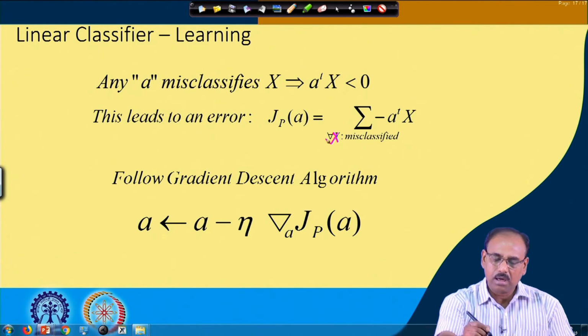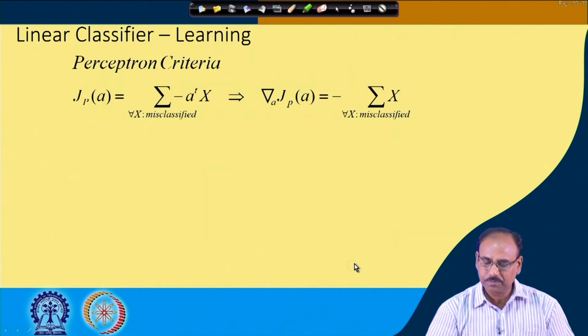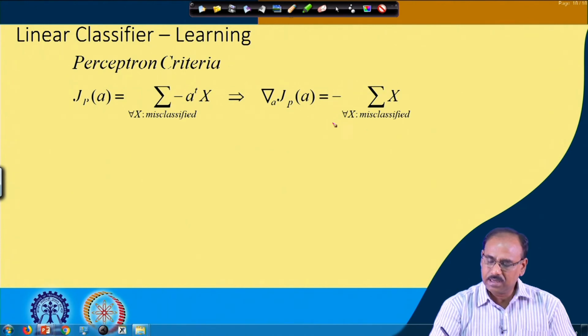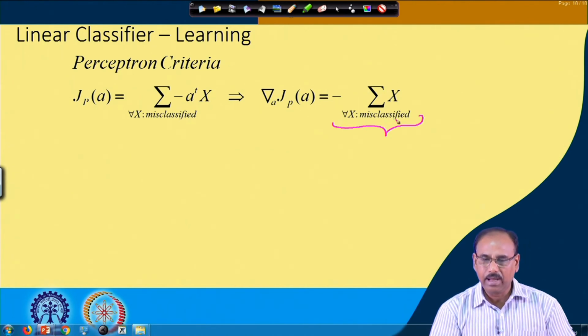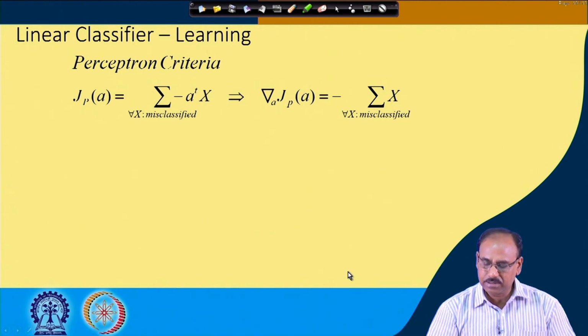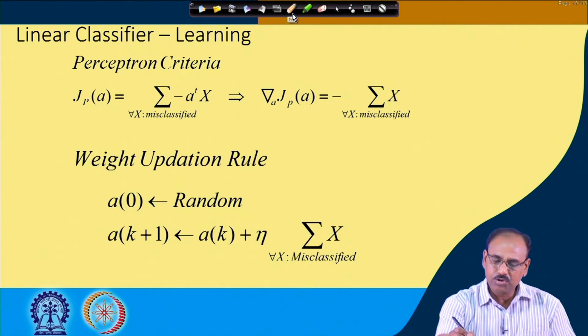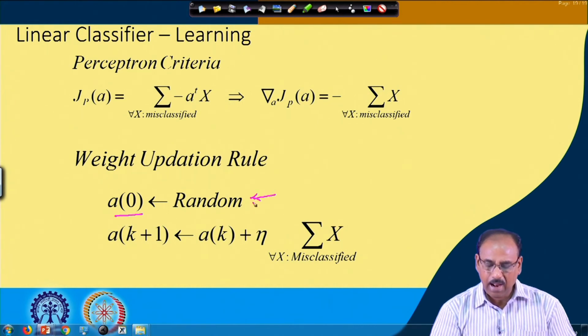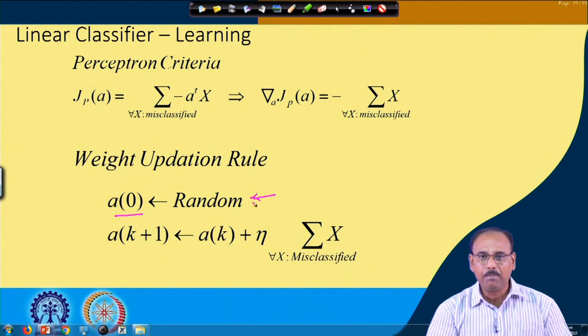Using this error function, the gradient descent procedure now becomes: the gradient of J_P becomes minus the sum of x for all x which are misclassified. Accordingly, my learning algorithm is like this: initially you choose a weight vector A0 at random, and then go on updating the weight vector A iteratively.